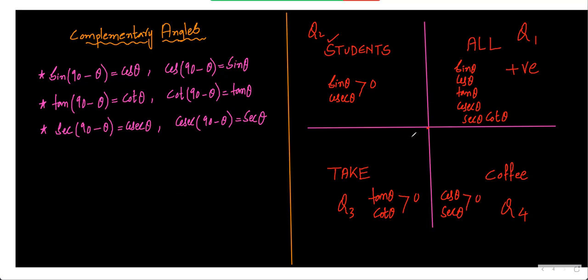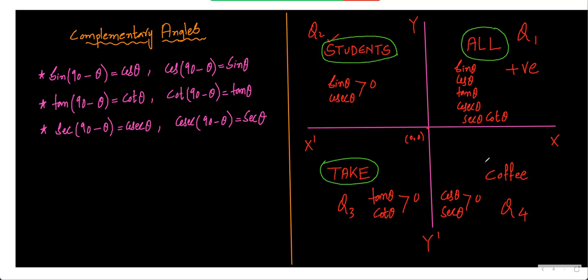This is 0, 0 is the origin. This is x-axis. This is y-axis. This is x dash. This is y dash. So tomorrow I will ask you this concept. All students take coffee. Everything wherever I need. This one you have to remember. All, students, take, coffee.